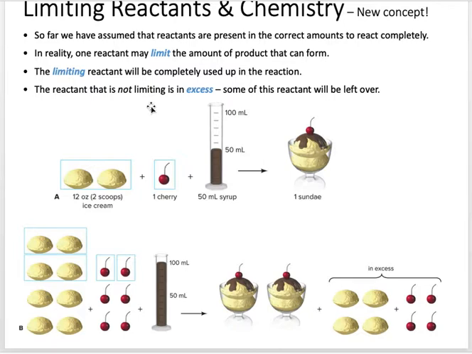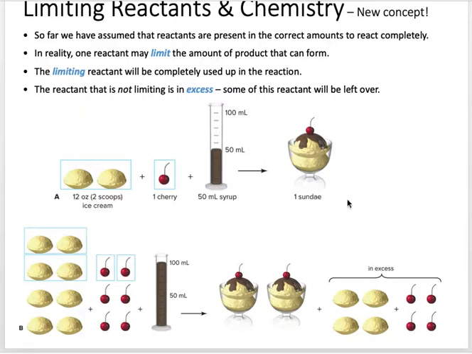And just like the term states, limiting reactants are completely used up in a reaction. That means at the end of the reaction, whichever reactant was the limiting reactant, there's now no longer any left over. There's 0 grams left of it. The reactants that are not limiting are the ones that are in excess, and therefore there will be some of it left over.